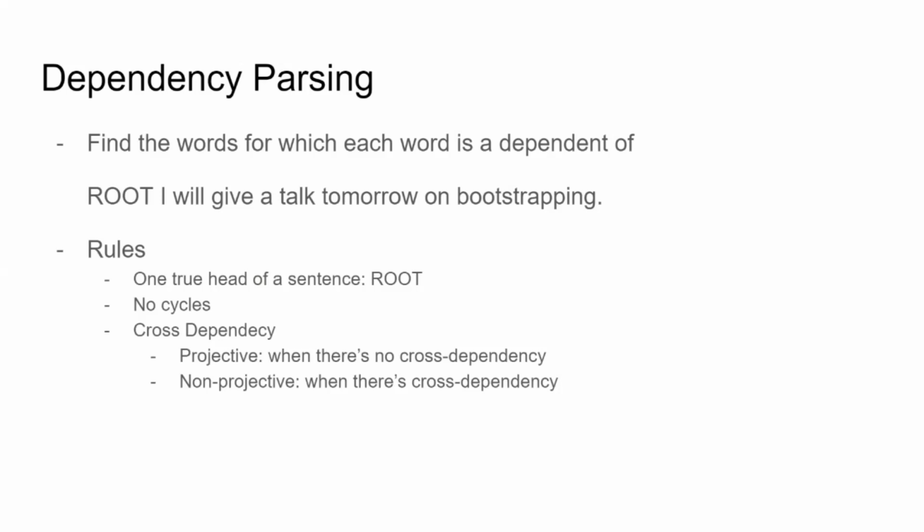A sentence can obviously get very complex, and sometimes you can't find one single root. When that happens, you manually assign a root, just like the word ROOT, as the root of the whole sentence.